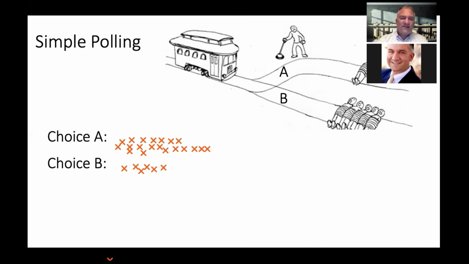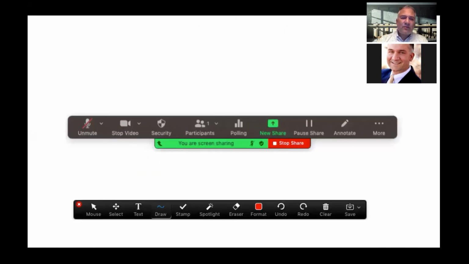Now, one of the things to keep in mind, remember I told you just a moment ago, make sure you clear the stamps or the drawings before you go on to the next slide. And I'm going to go ahead and do that right now. I'm clearing all the drawings. But the other thing that's important to do is make sure you go back and click the mouse key here on the left so that you're back in mouse mode and not in drawing mode.